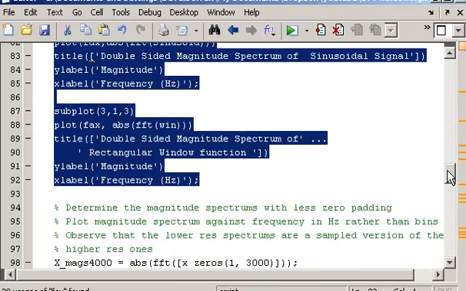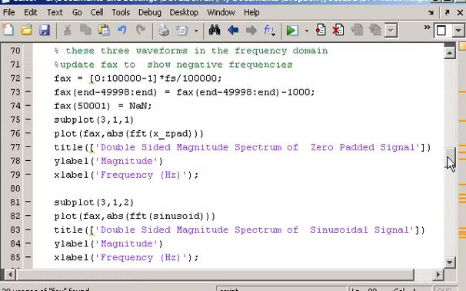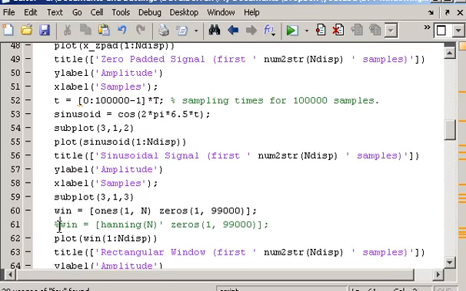Let me see, so I need to change a few things up here a little bit. I have a comment in here that I'm going to show the window function. First of all, I'm going to change it to be a Hanning window. Earlier up here I created a rectangular window function. Let's just comment that out.